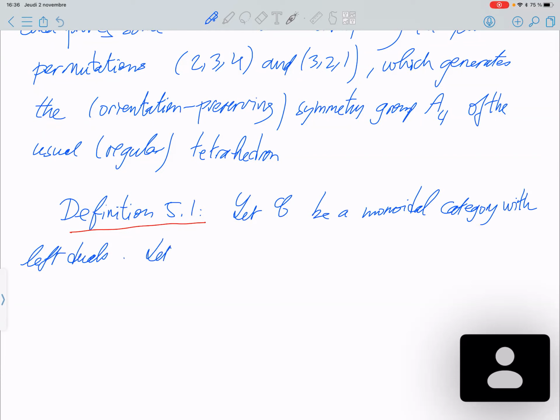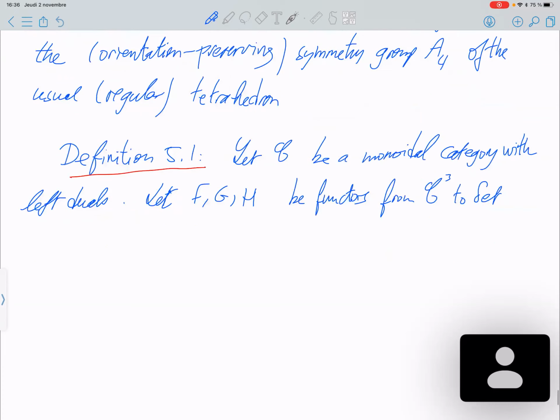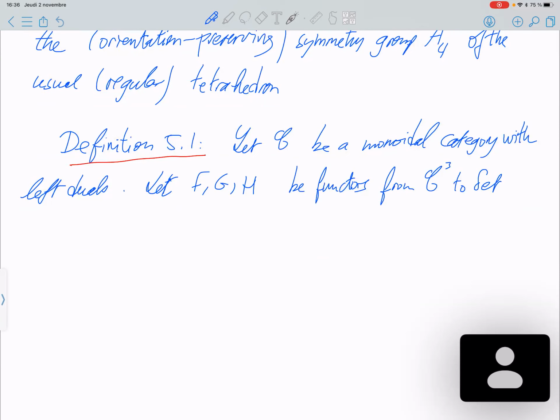Let F, G, H be functors from C cubed to Set defined as follows. So these functors will be defined as a composition of usual functors.